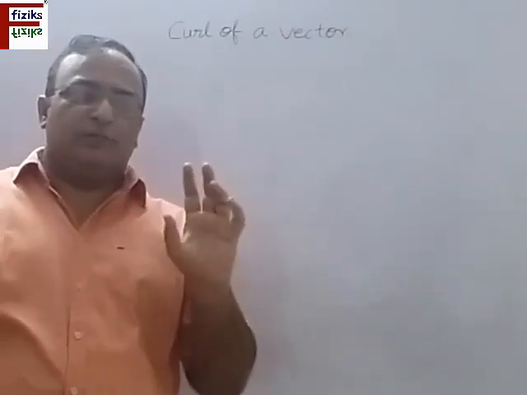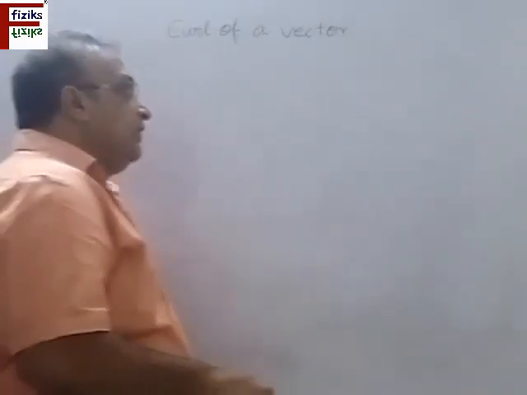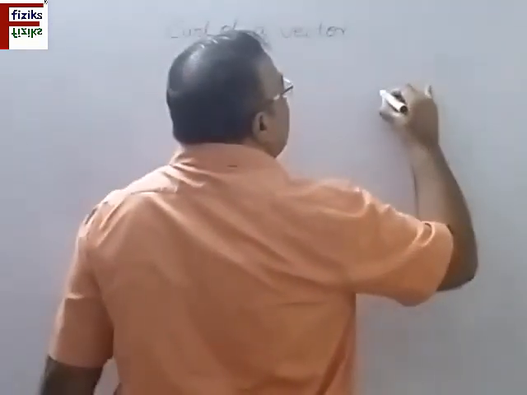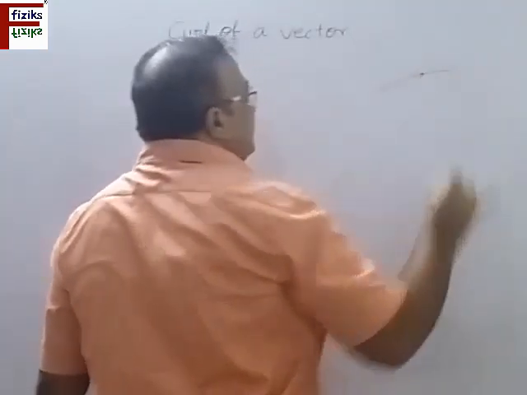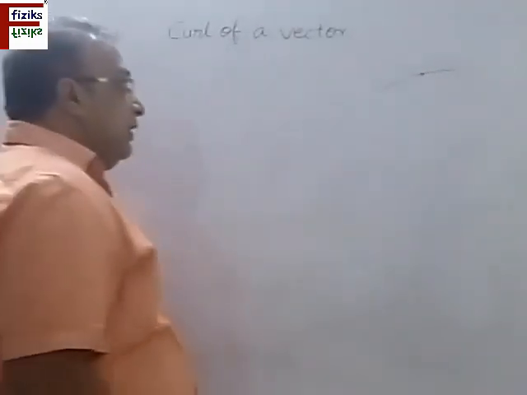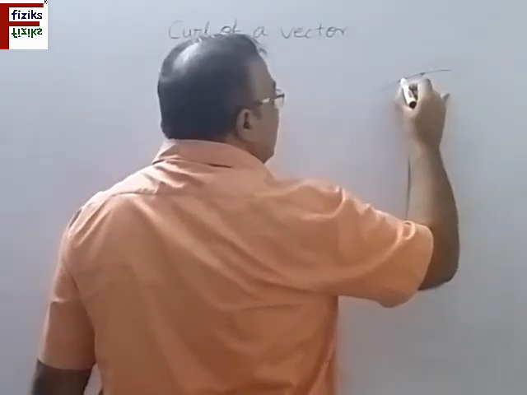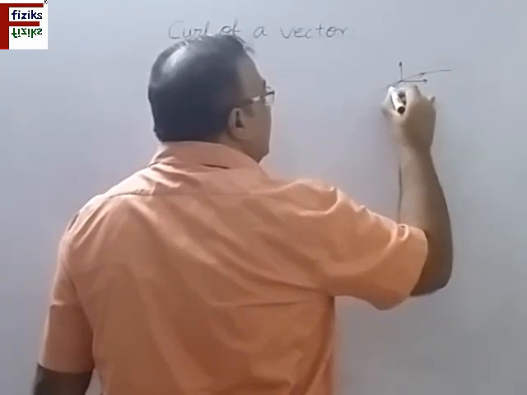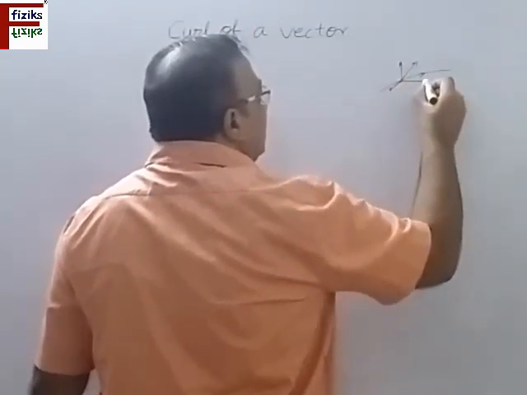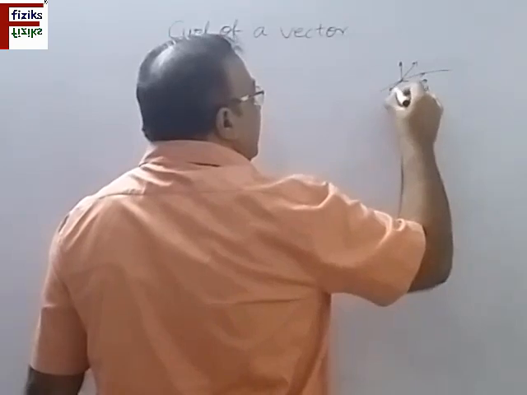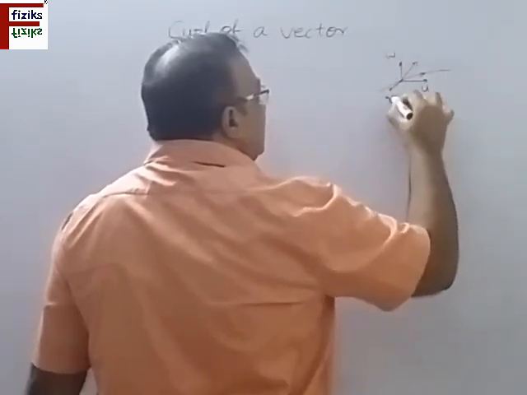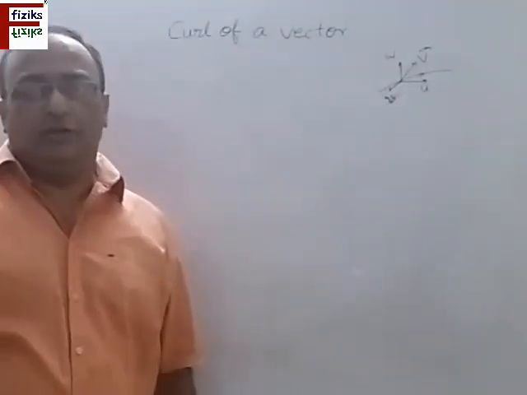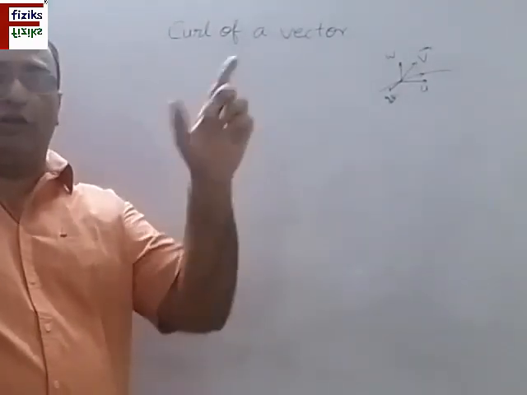Rotation means, suppose the fluid particles are flowing in such a way, rotational flow I will be discussing afterwards. I am just giving you an introduction. This is the path of the fluid, a streamline. Now the fluid particles are moving in such a way that besides having the 3 velocity components, this is the total velocity with components u, v and w, they are having another component which is called rotational, the angular velocity.